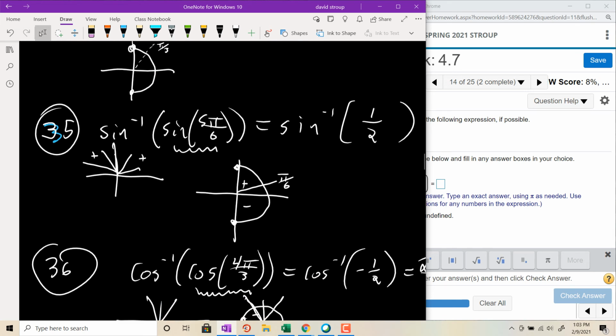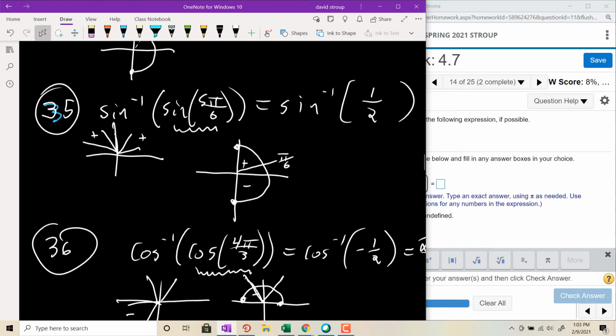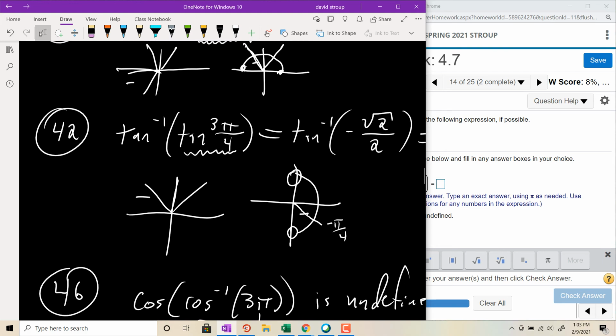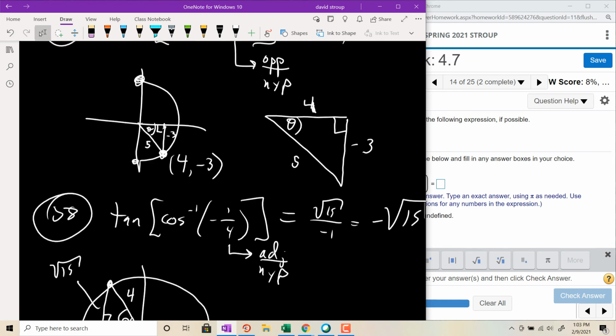And the second one, the 5 pi over 6, is not in that first quadrant. If it was sine of pi over 6, then sine inverse of sine of pi over 6 would just be pi over 6. Okay. This one, again, it's not in the first quadrant, 4 pi over 3. If it was cosine of pi over 3, then the answer would just be pi over 3. And then same for this one, and then that one's undefined.